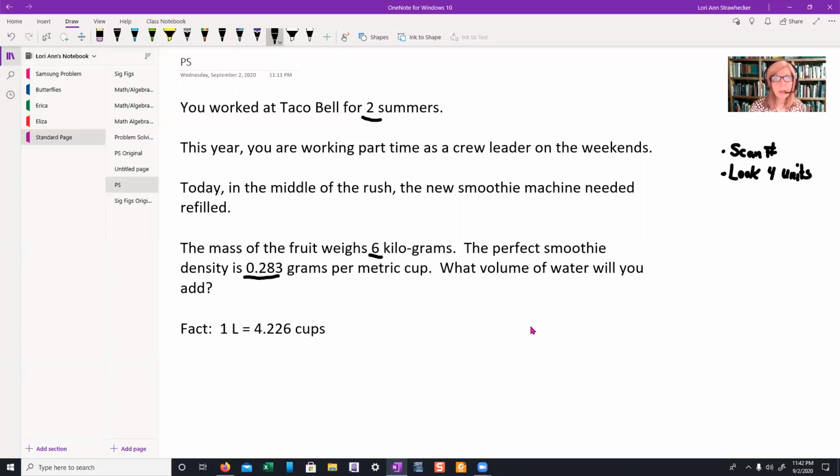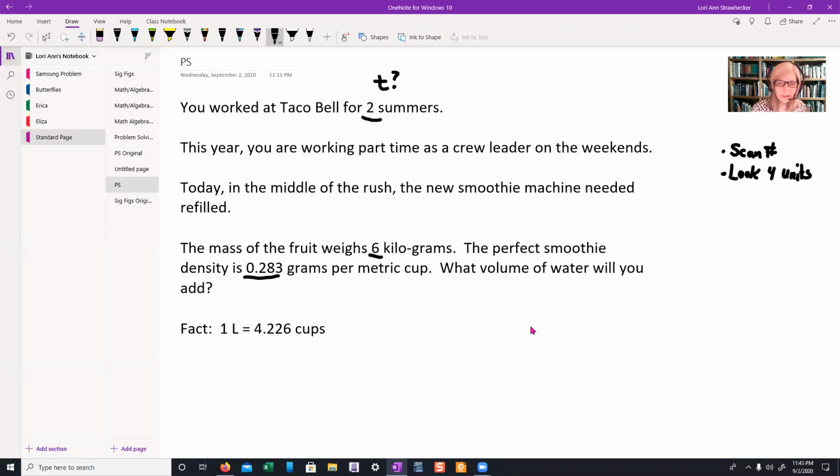Anything to do with mass or volume or weights, air pressure? There's so many things that you could think about. Distance. So we're talking 2 summers. That could potentially be time. Let's just put time here like this.